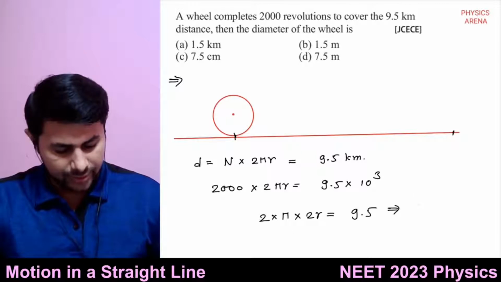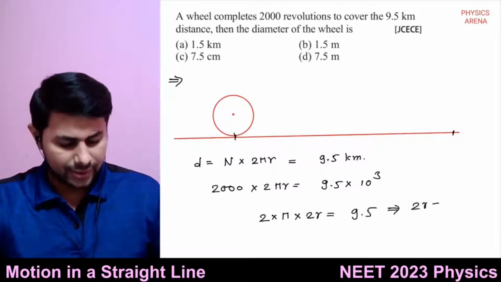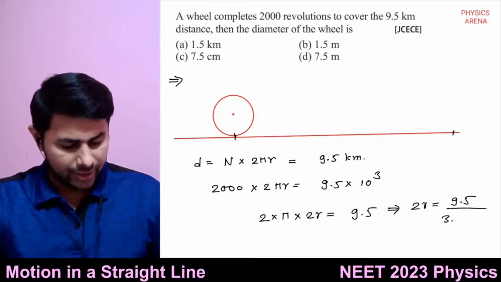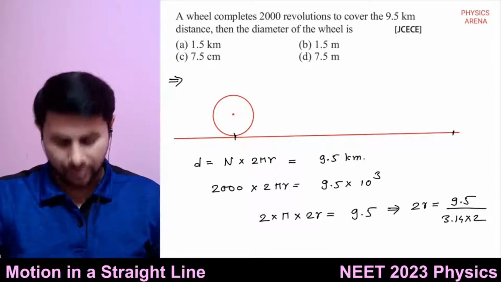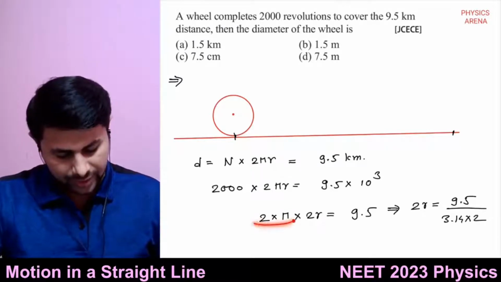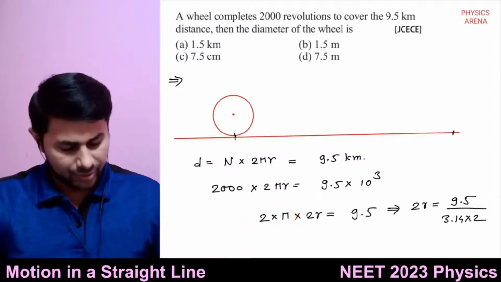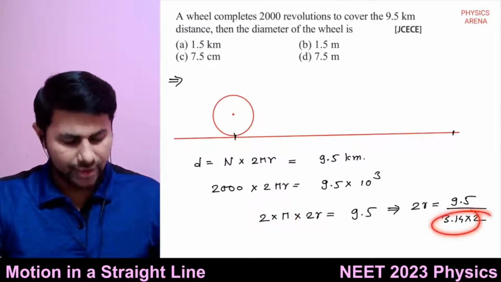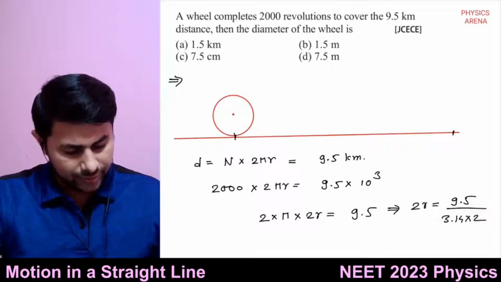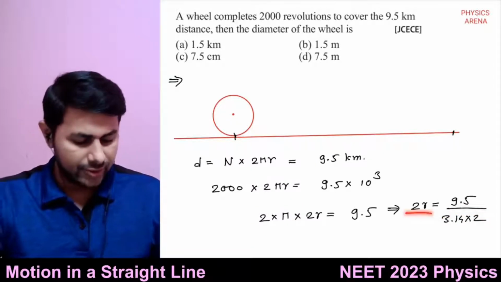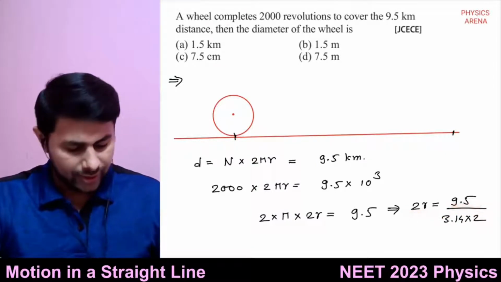Therefore, we get 2r is equal to 9.5 divided by 3.14 multiplied by 2. If I take pi multiplied by 2 on the other side, it goes in the denominator.